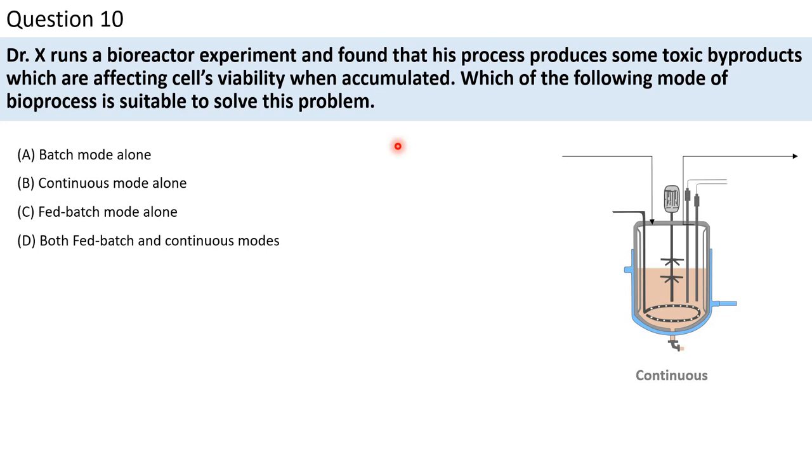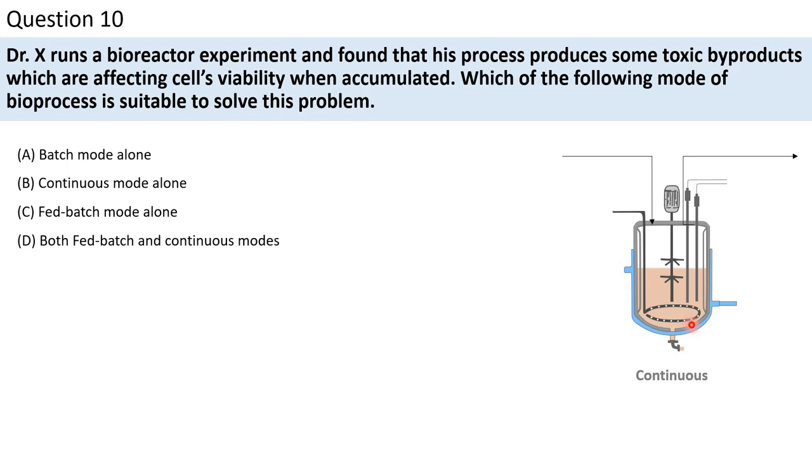Your cells will be separated through a membrane filter and pumped back to the reactor, whereas your media will be taken for purification, right? So it is very evident that if any toxic byproducts are there, the continuous mode of operation will be right, because your fermentation broth, if it's an extracellular product, obviously, the product that is present in the fermentation broth is going to affect the cell's viability.